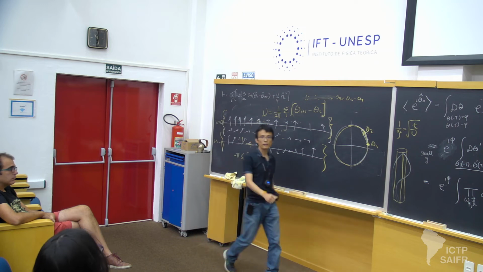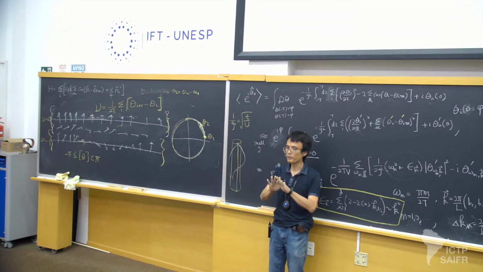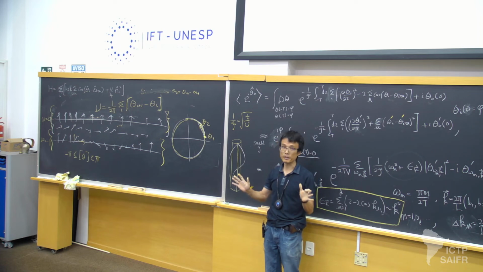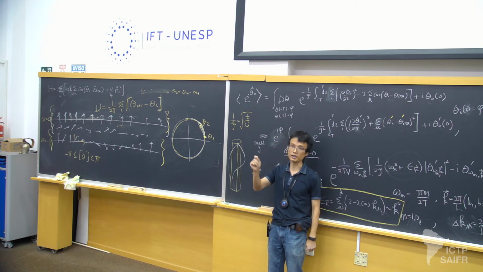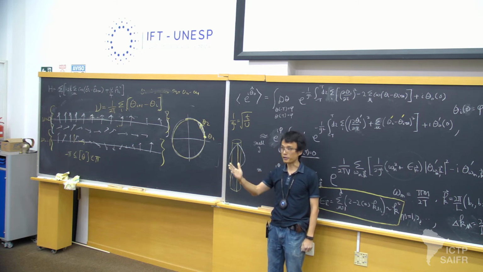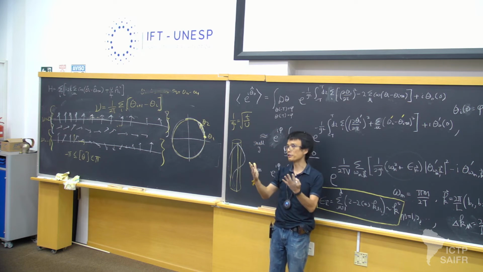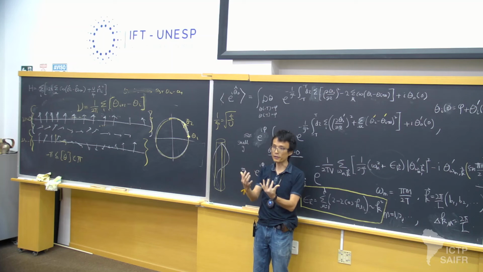And it turns out that in 1D, although there's no spontaneous symmetry breaking, depending on the value of G or T, you can have a phase transition. When T is large enough, or G is small enough, the ground state remembers the winding number of the seed state.